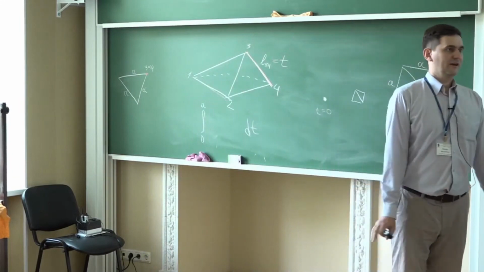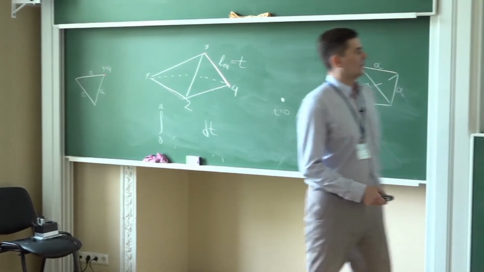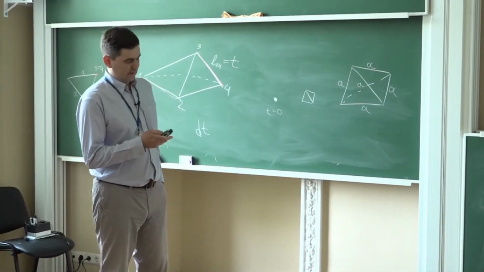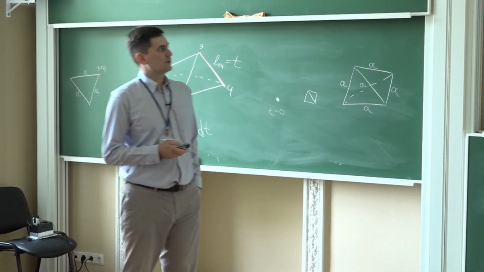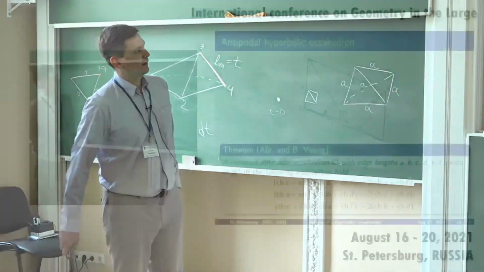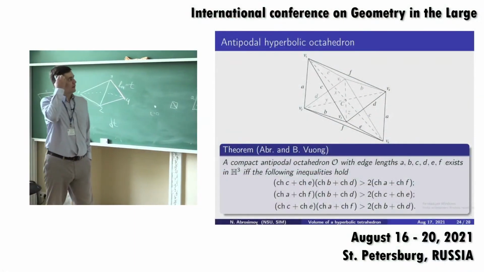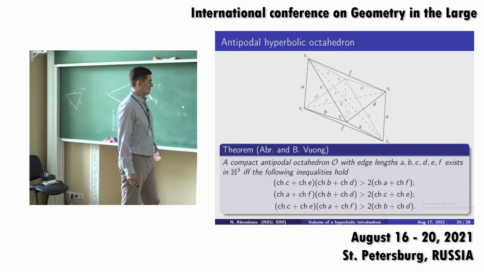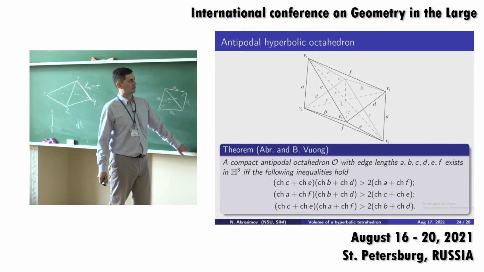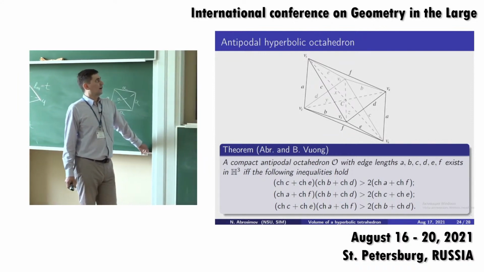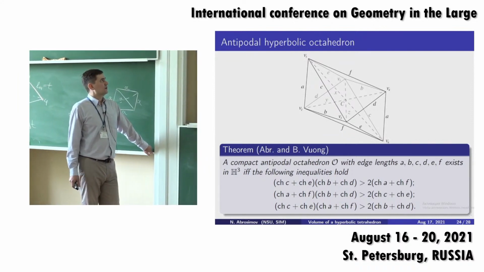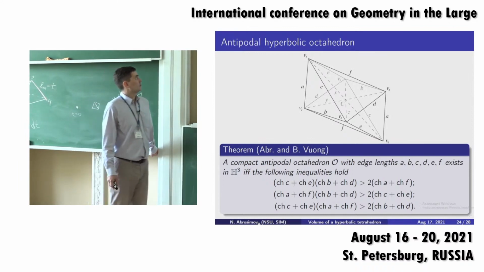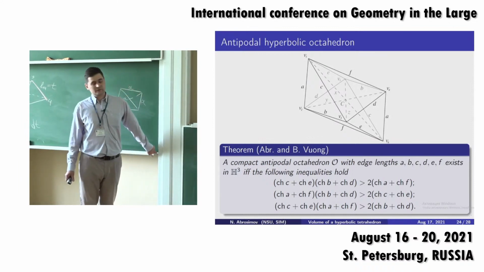So at this point, actually I can stop, because one of the possible applications of this formula for the volume of a hyperbolic tetrahedron in terms of edge lengths is to get a formula for the volume of an antipodal hyperbolic octahedron, for example.